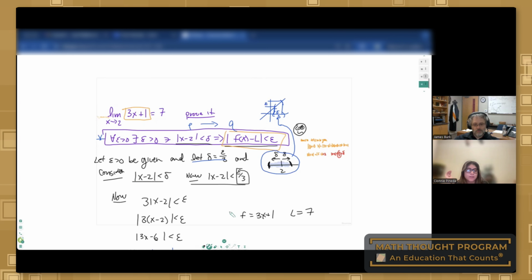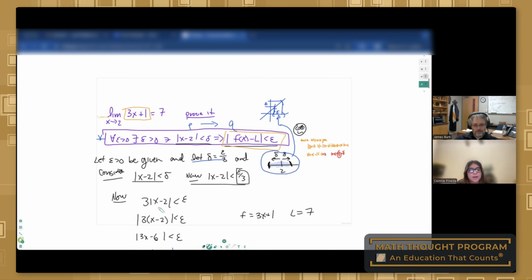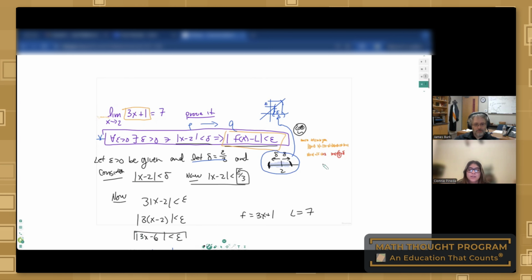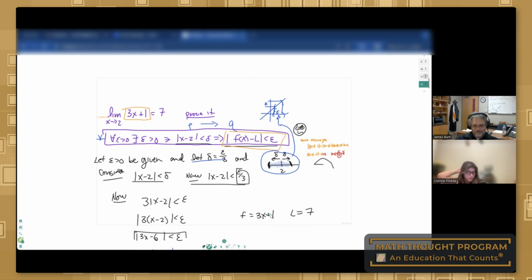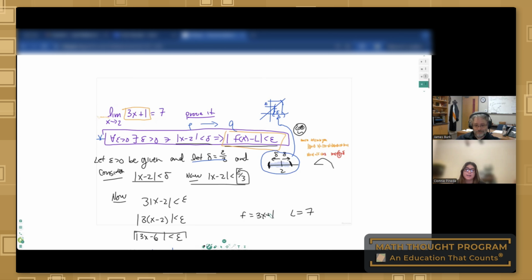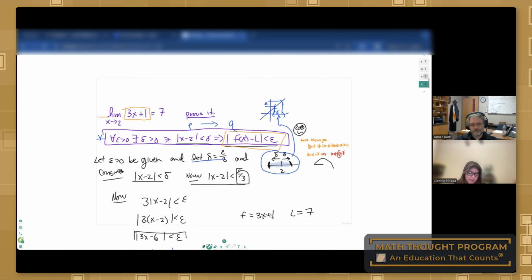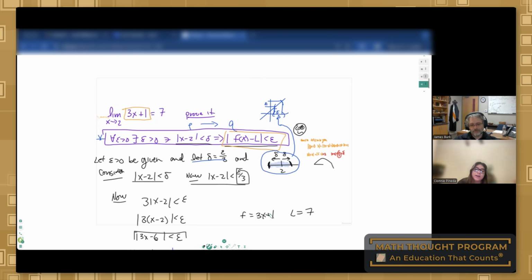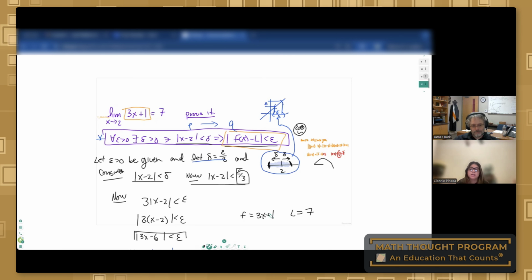And then here I'd go back and look at this section, and recognizing that that also can be represented as the absolute value of 3x plus 1, use it as a guide, minus 7. And then recognizing that that is literally the f of x minus L.